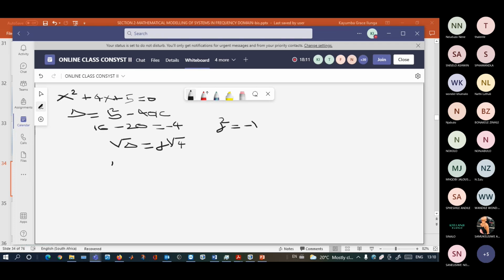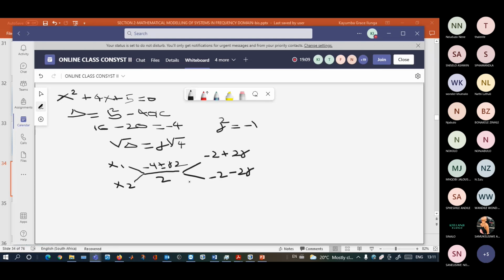Now we're going to find our x1 and x2, which are given by minus b, which is minus 4, plus or minus j times 2, over 2a, which is 2. This gives us x1 equal to minus 2 plus 2j, and x2 equal to minus 2 minus 2j.